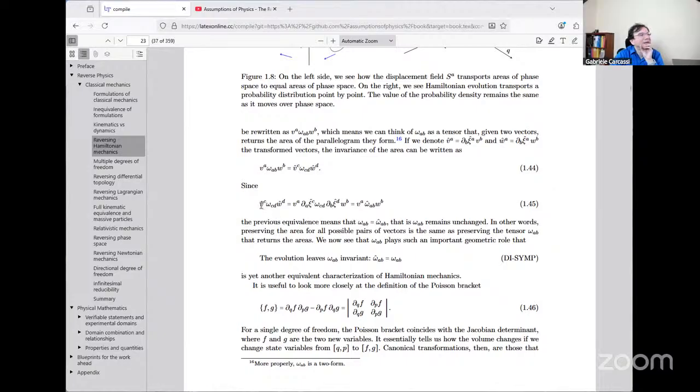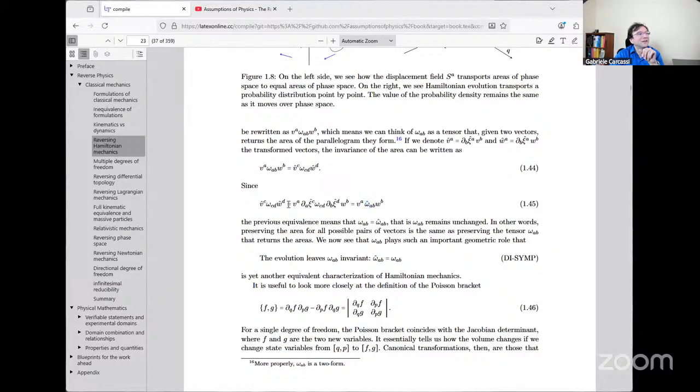What happens here is the usual trick: I can transform the vectors and then use the form that I had before, or I can take the Jacobian out of the vectors and put it in the form, so now you are transforming the form and keeping the vectors the same.